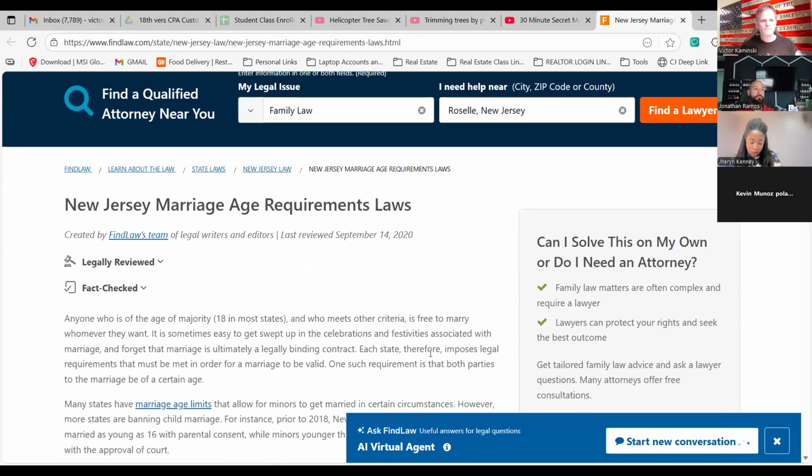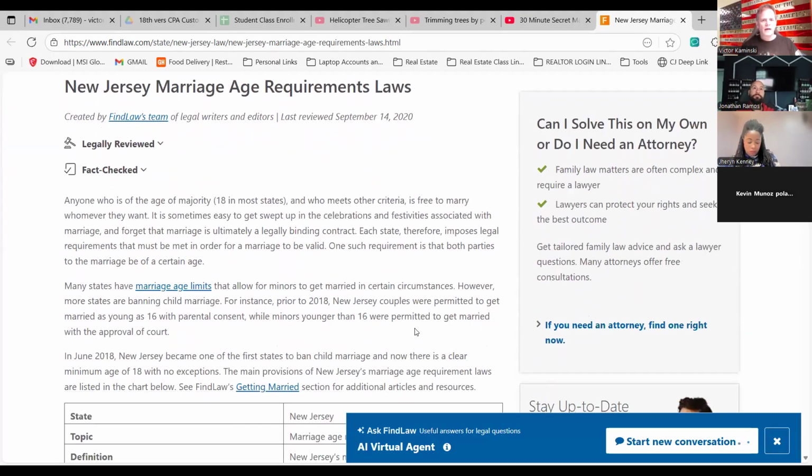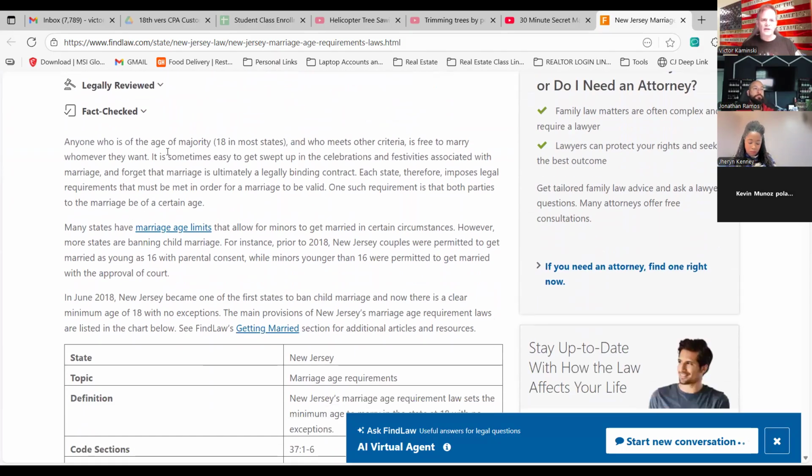There you go. Can you see it now? Last reviewed September 14th, 2020. Anyone who is of the age of majority, 18 in most states, and who meets other criteria is free to marry whomever they want. It is sometimes easy to get swept up in the celebration and festivities associated with marriage and forget that marriage is ultimately a legally binding contract.